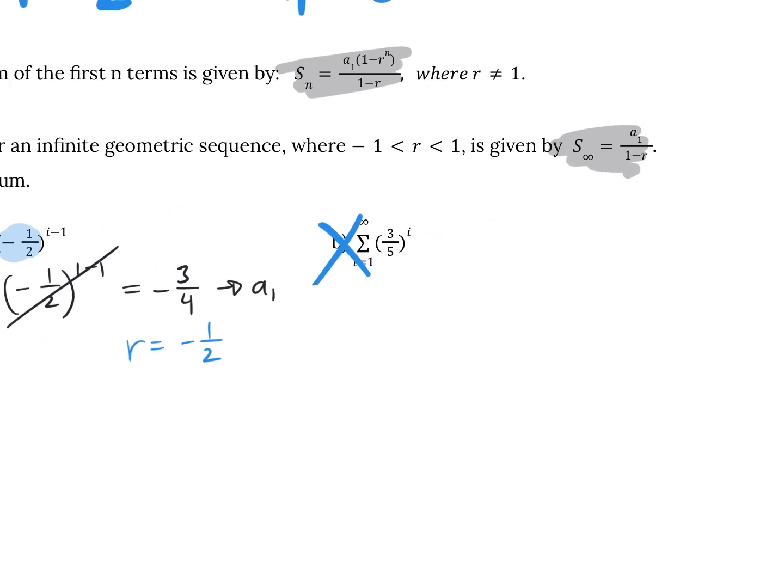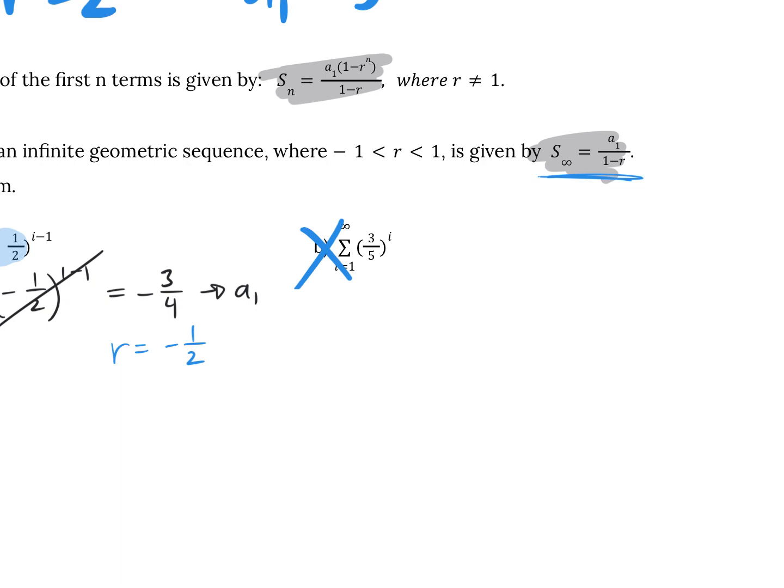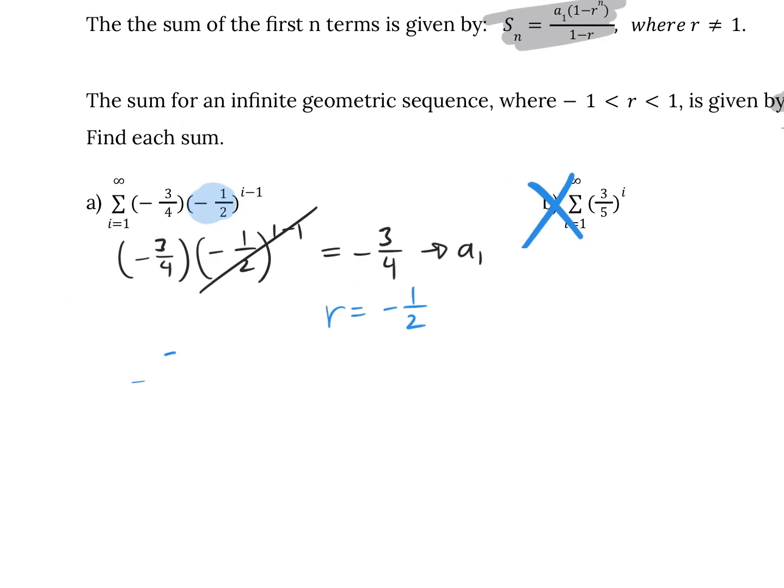And now we're just going to follow this formula here of a sub 1 divided by 1 minus r. So a sub 1 is negative 3/4, and I'm going to divide that by 1 minus r. And do some simplifying. Negative 3/4 divided by 3/2, because you add them together, and that's the same thing as multiplying by the reciprocal.